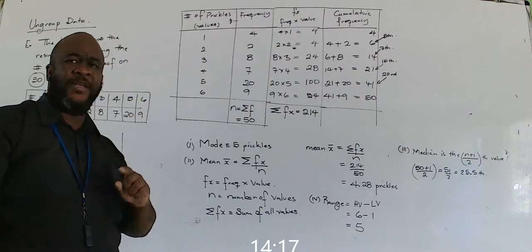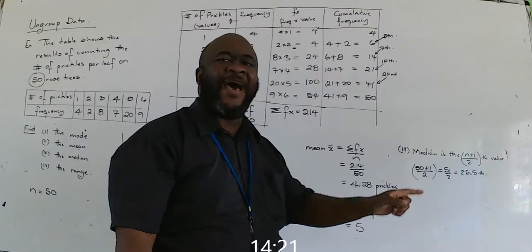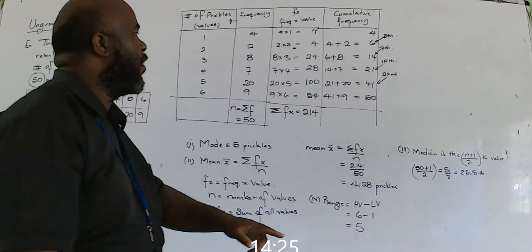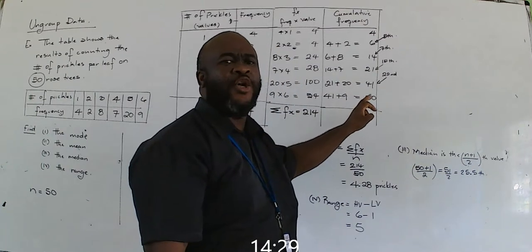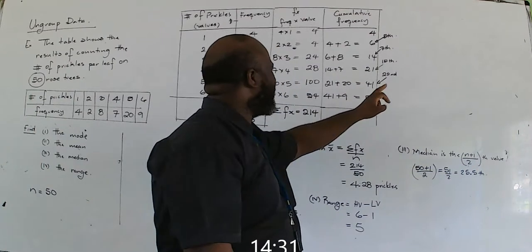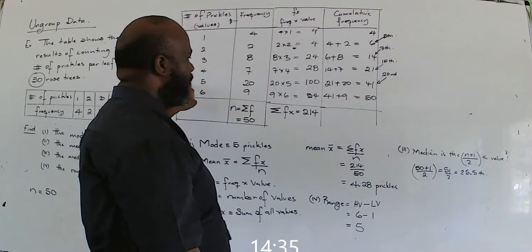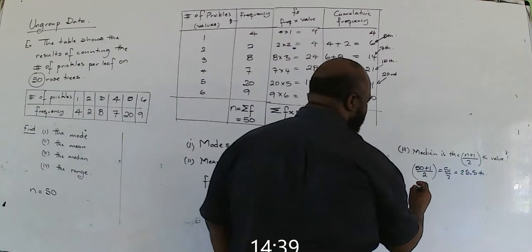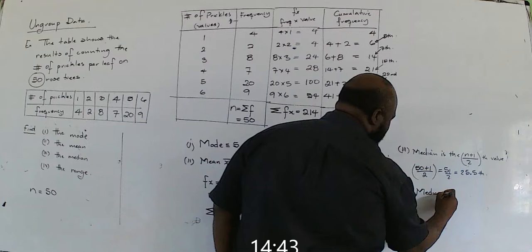Which ones do I need? The 25th and the 26th. So tell me, if the 22nd to the 41st number is 5, what is the 25th number, and the 26th number? Come on, people.